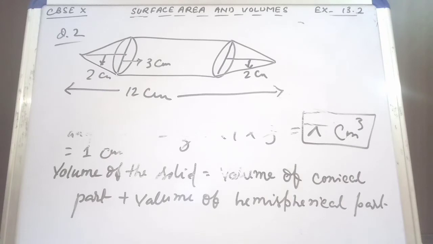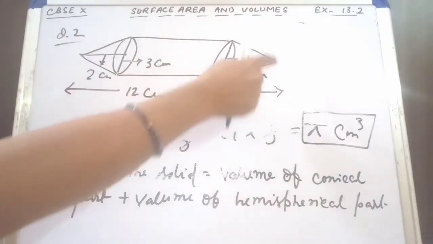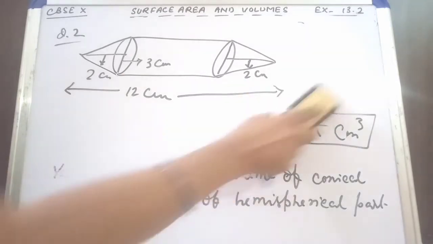So volume of the air means volume of this conical part plus volume of this cylindrical part plus volume of this conical part.